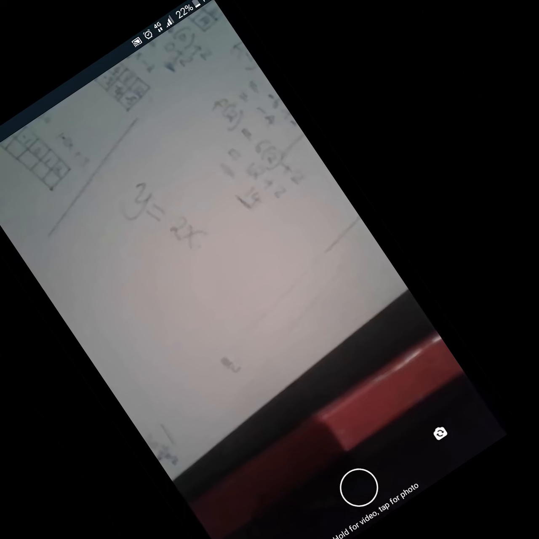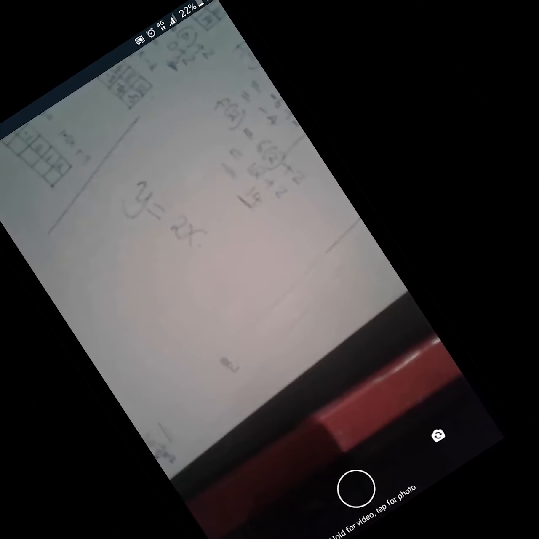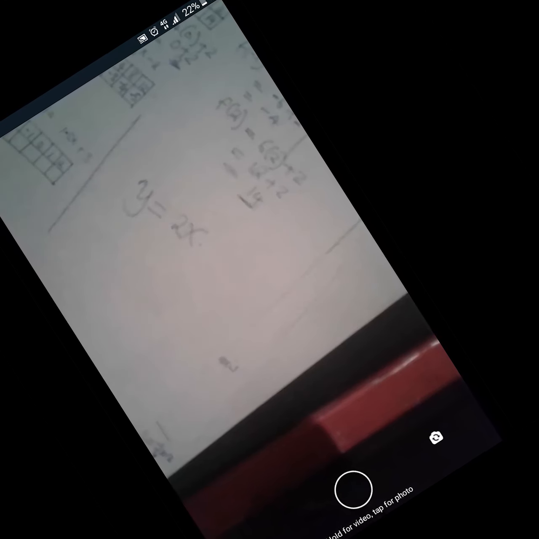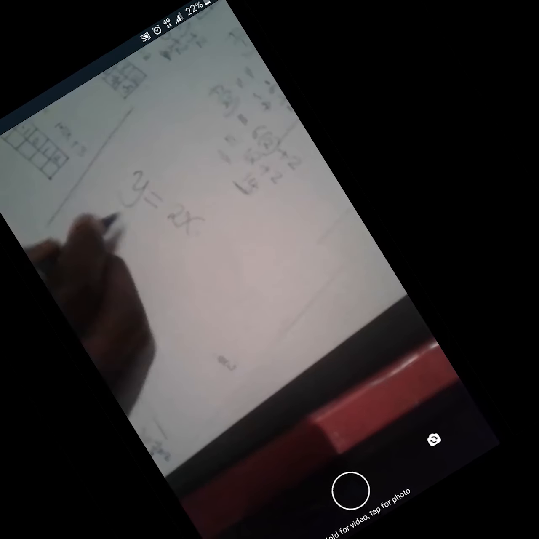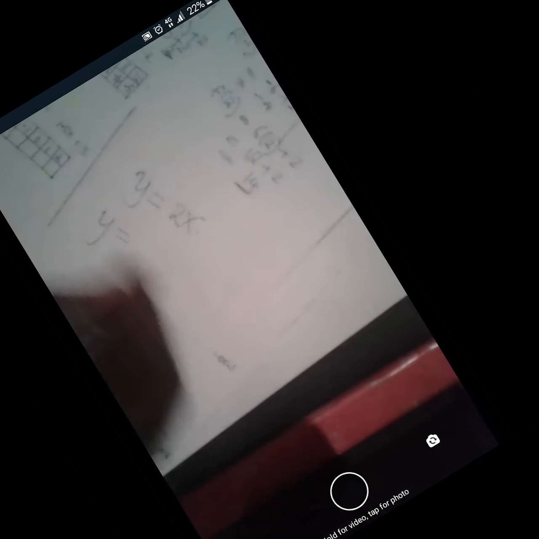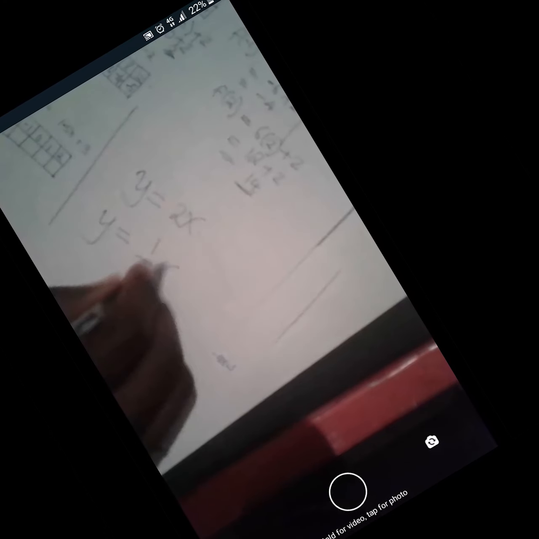No, sir. Let's go with 1/4 and then x. Can that be a linear function? y equals 1/4 x.